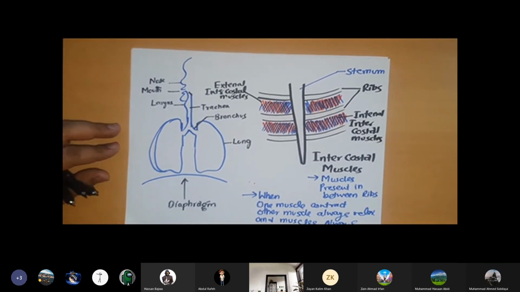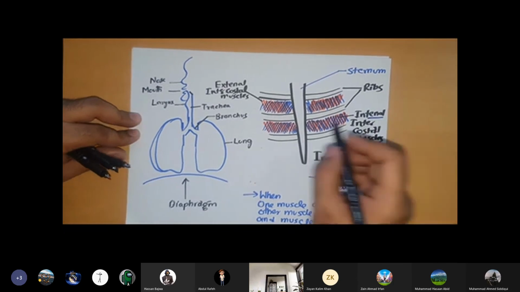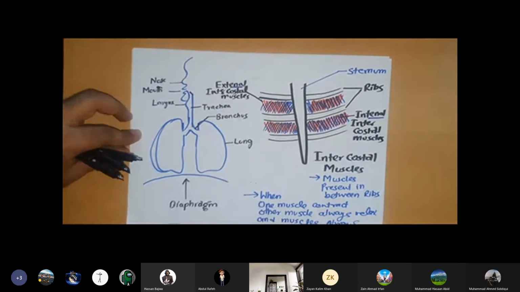In this pair, there is the internal intercostal muscle and the external intercostal muscle.